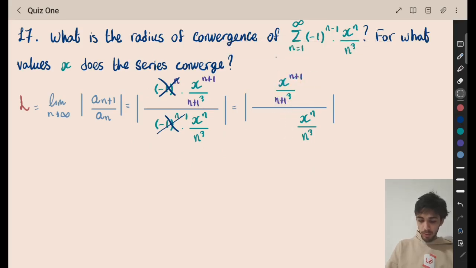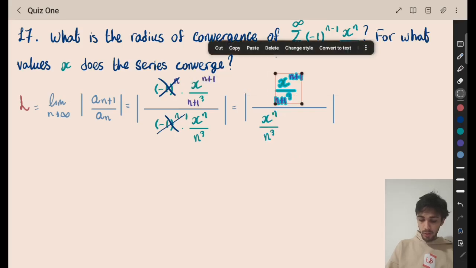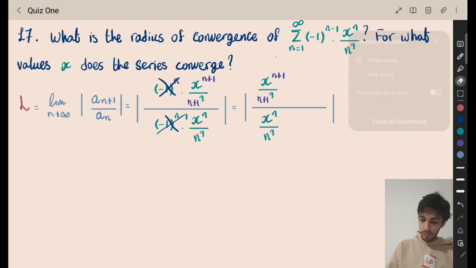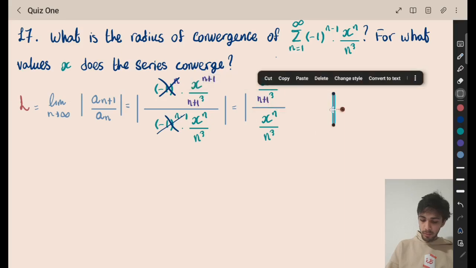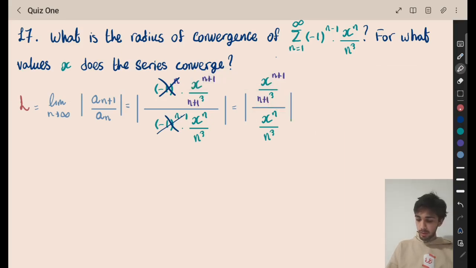And now notice that on top we have x to the n plus 1, and on the bottom we have x to the n. It seems that these two will cancel out, and we will have an x still remaining. Now this n plus 1 is in brackets, let me emphasize that. I write the x that we had, and I'll multiply this by what we have for n.